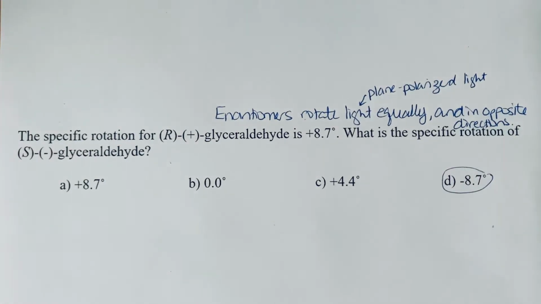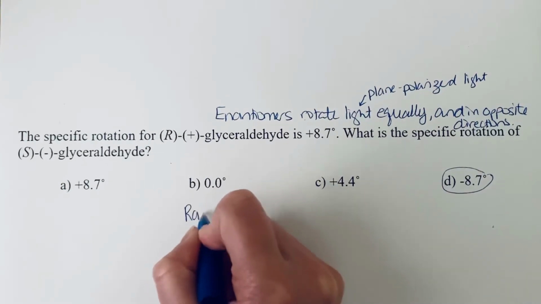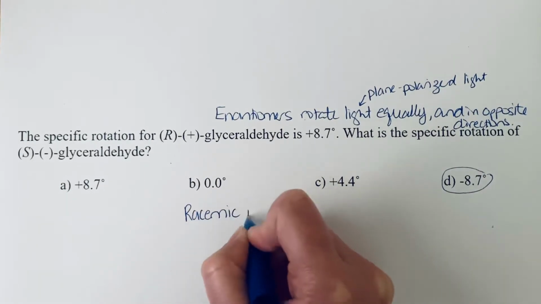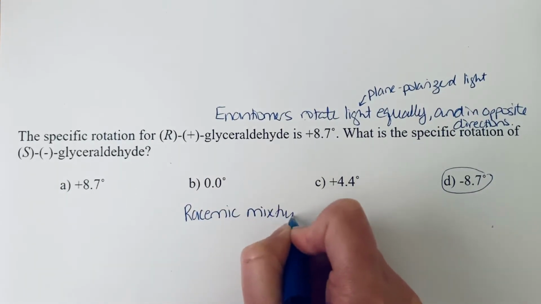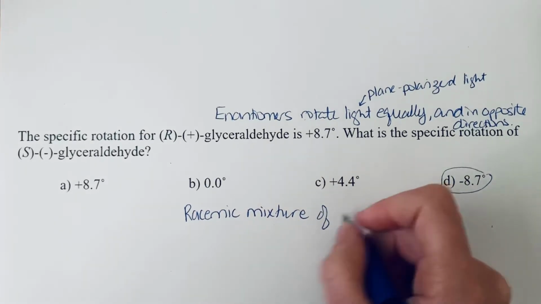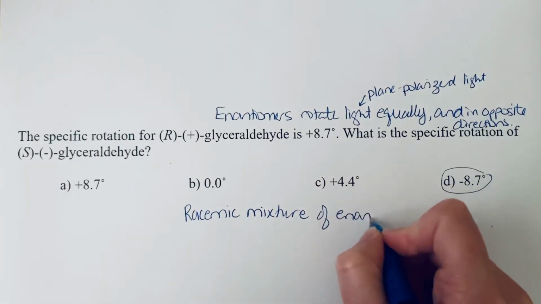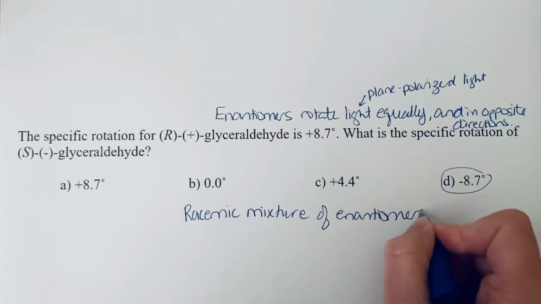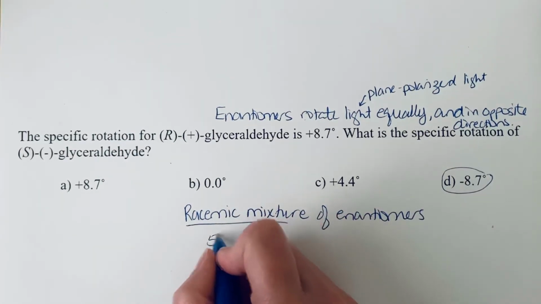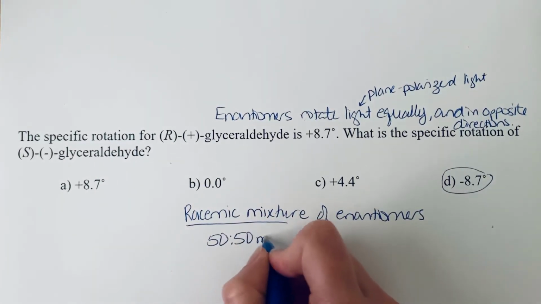Okay? And so just to put a little bit more additional information, what would happen if you had a racemic mixture of the enantiomers? A racemic mixture refers to a 50-50 mix of enantiomers.